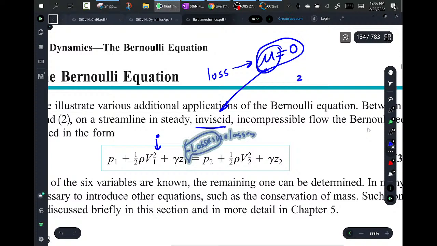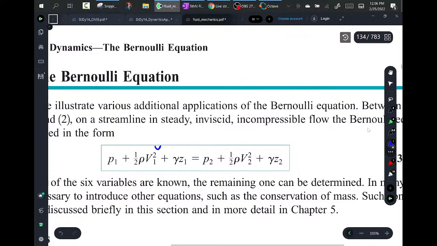Now, there are situations in which, even if you include losses, it can work fine. Here's a particular case. If you have a flow situation where you have a constriction and you're checking the pressure difference between these 2 points, and the distance between these two is very, very small, there's not as much location or time or distance to have significant losses.